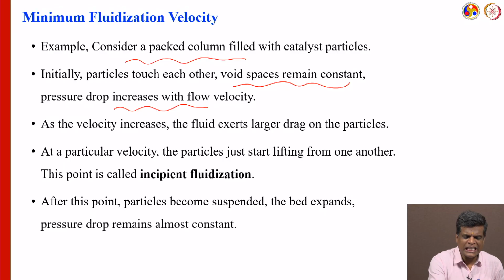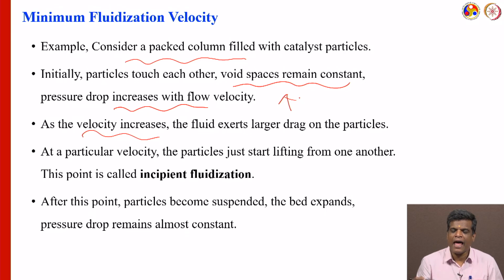Then as the velocity increases, automatically there is a larger drag on the particles. So at that velocity, the particles just start lifting from one another slowly. Then the fluidization starts.